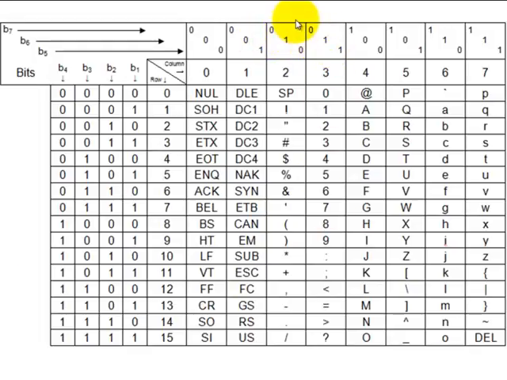So if the binary value for the ASCII character is 0111000, then we would look in this column, 011, column 3, and then 1000 is row 8. And so column 3, row 8 is actually the digit 8.